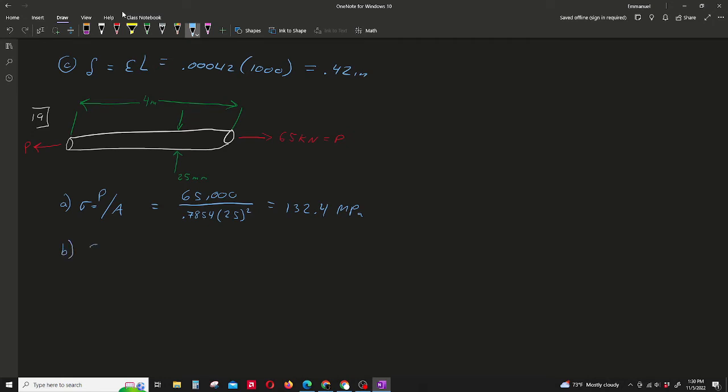Strain, epsilon, using our S over E, which I'm not even going to call that S for stress. I'm going to just go ahead and use the Greek symbol, get more familiar with that there.